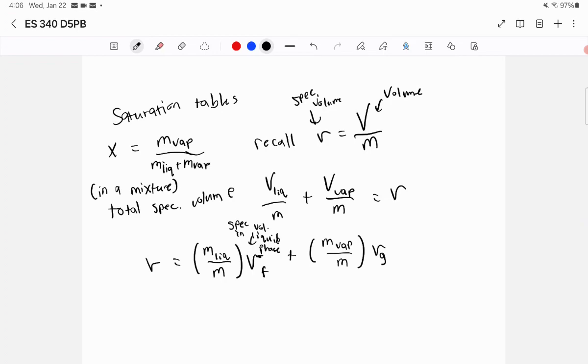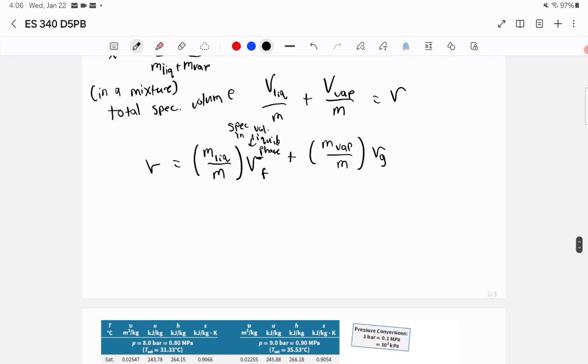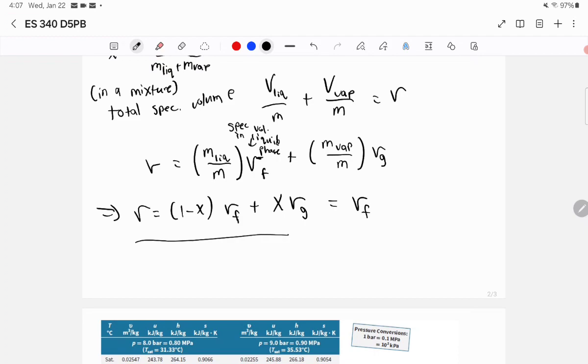Okay, and then what this ends up implying is that we get something like this: 1 minus the quality, excuse me, times the specific volume of the liquid phase, plus the quality times the specific volume in the vapor phase is equal to this. Or we can also set this equal to this.